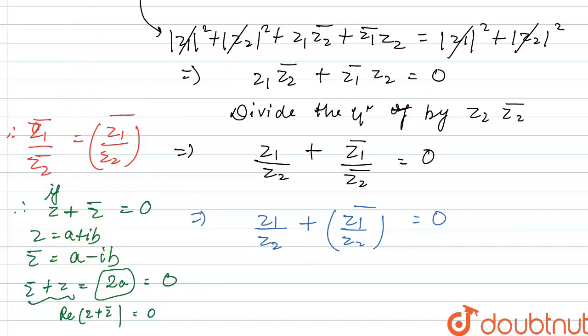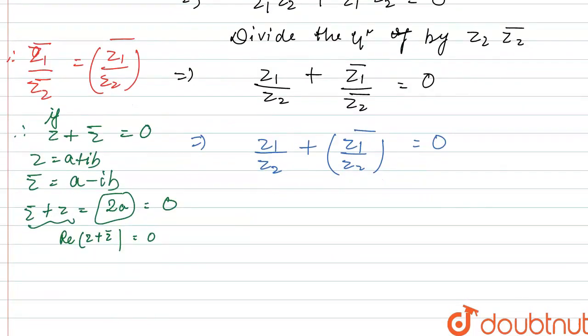So z plus z bar equal to 0 will imply z is purely imaginary.